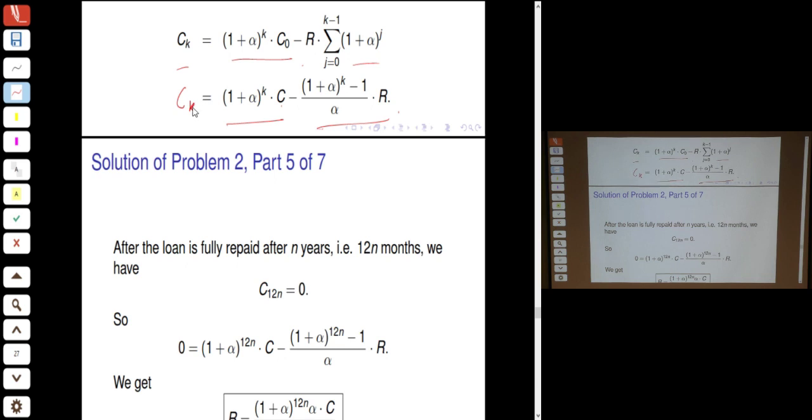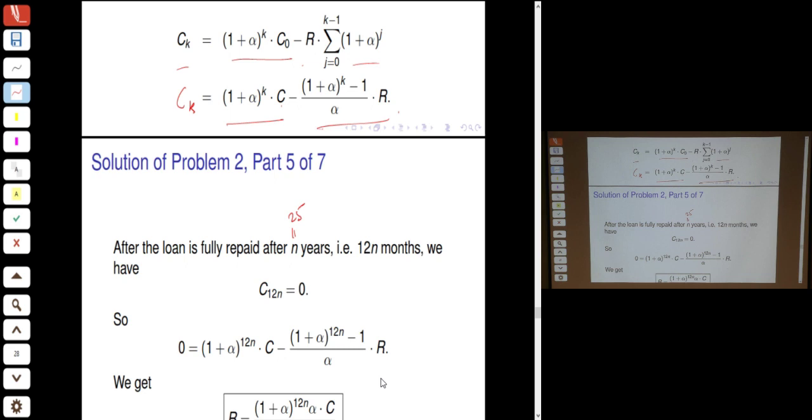And you want to pay off the debt after 25 years. So since we are thinking in terms of months, let us convert the 25 years into months. So in 25 times 12 months, so n here is 25. Or in the case of n years, in 12 times n months, you want to pay off the bank. That means that you do not want to have any money still owing to the bank.